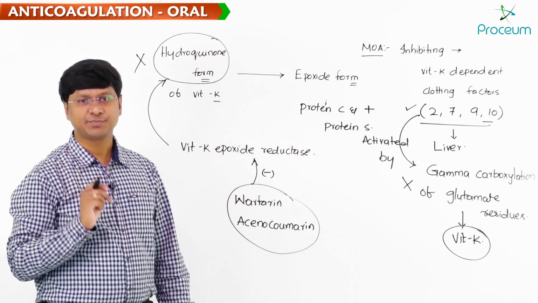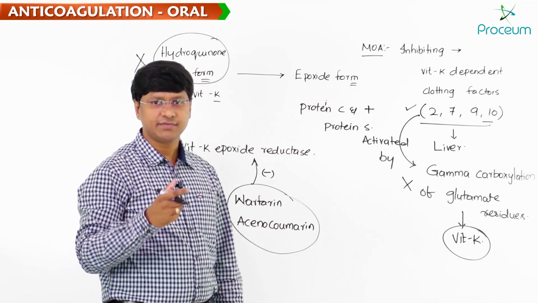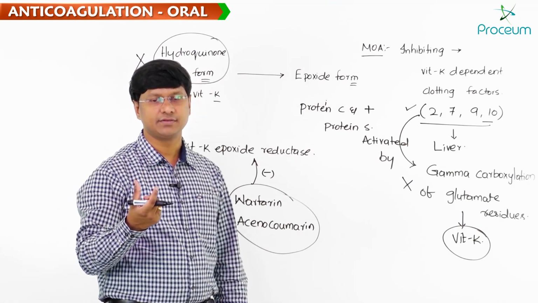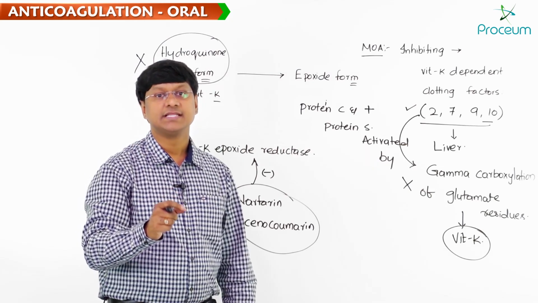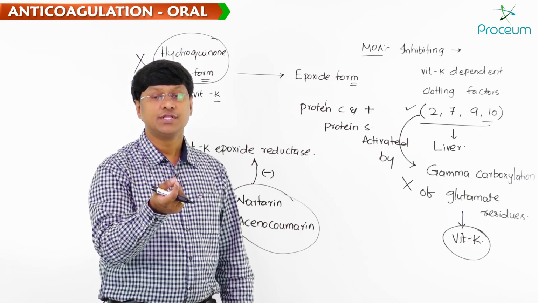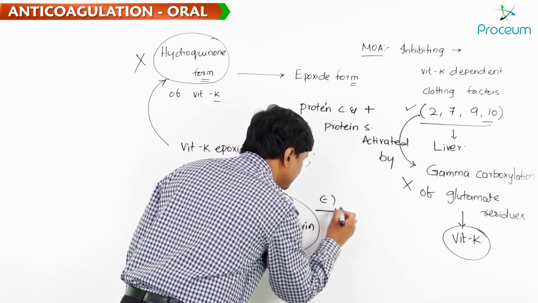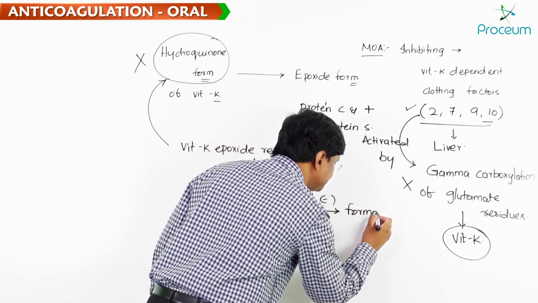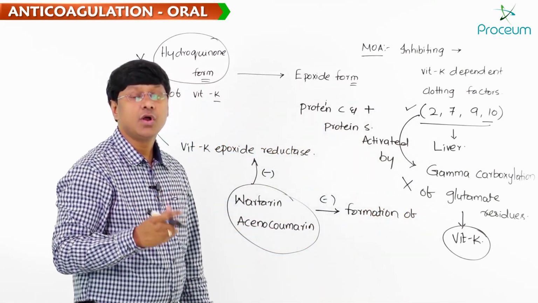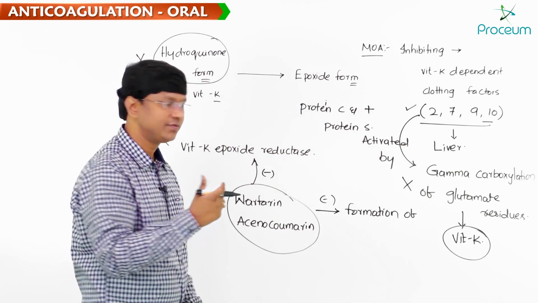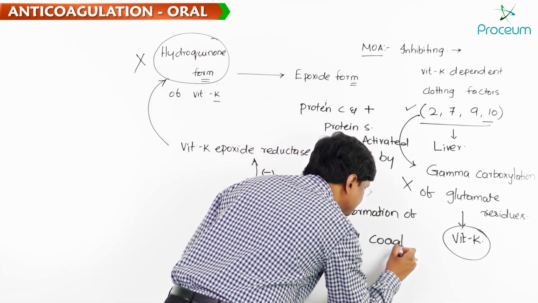Now, one important point you should remember here is, whenever you are giving Warfarin or Sucribe, they are preventing the formation of the new factors. What these drugs do, they will inhibit the synthesis of the new coagulation factors.